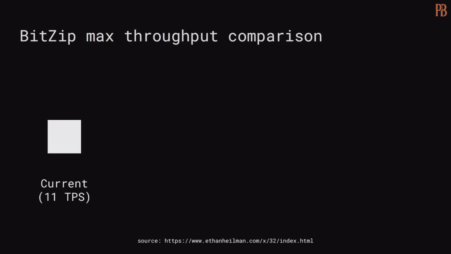And so to compare the throughput that you get from that, again, we're going to represent the current transactions per second as this single block. If you implement post-quantum signatures without BitZip, then in your best case scenario with one of the smaller signatures, you go from 11 transactions per second down to 1.69 transactions per second.